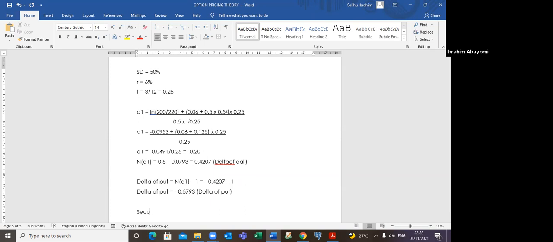This is the template: security, quantity (QTY), delta, then total.